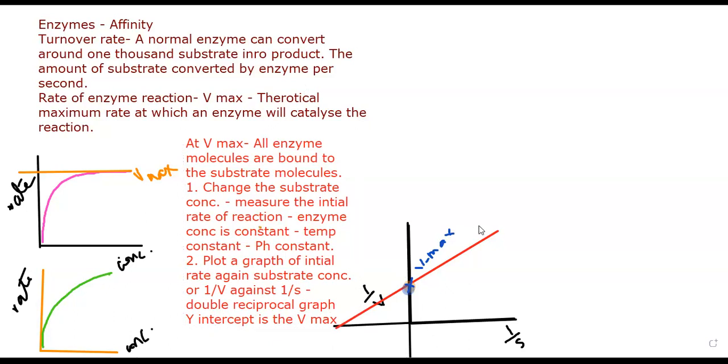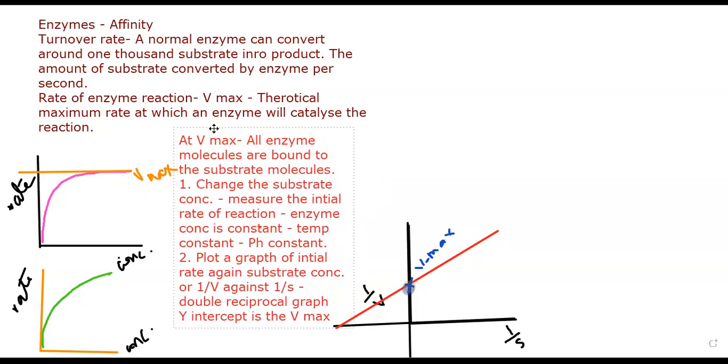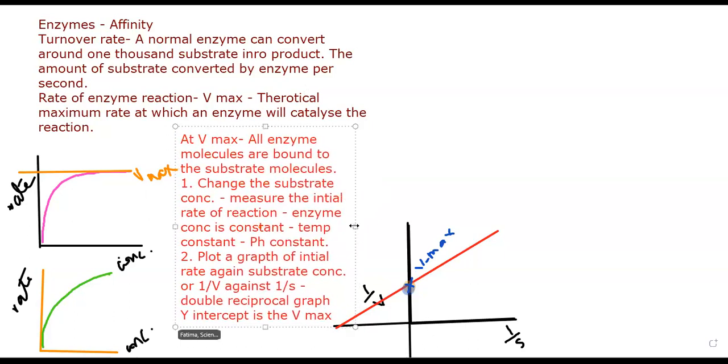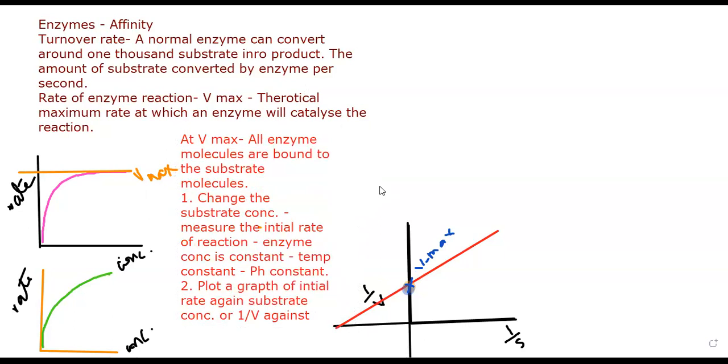So that is one possible way, or one thing that you guys can do to calculate the rate of the reaction. Now, when I talk about this graph, the story has not ended as of yet. There is more to the story. How can there be more to the story? One of the pieces of information I can get from this graph is, I just told you, we can calculate the Vmax, right?